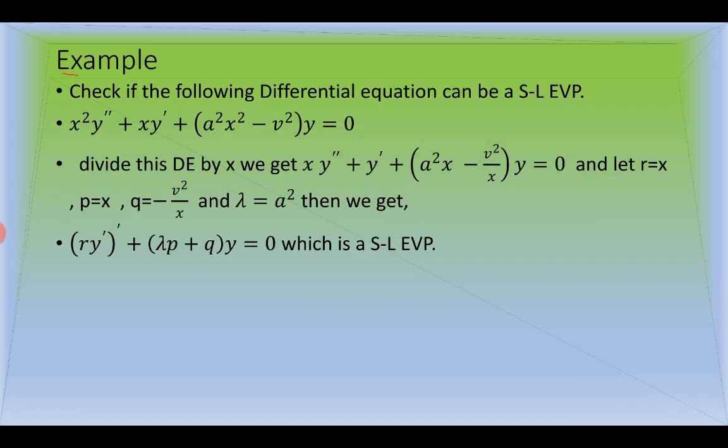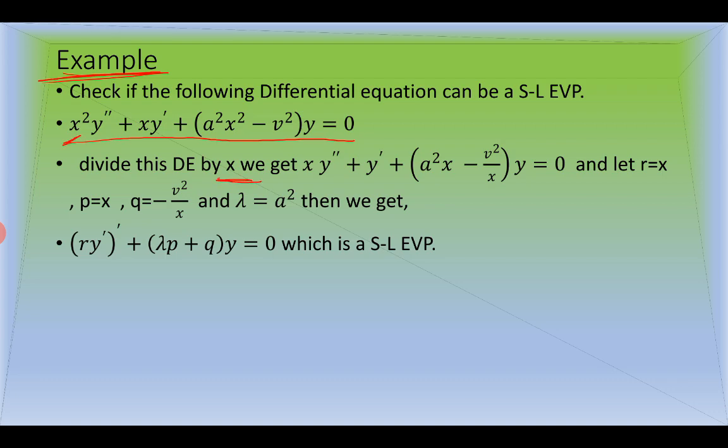Now an example of how to identify whether a given differential equation can be expressed in Sturm Liouville form. This is Bessel's differential equation, isn't it? A differential equation in Bessel's form. Divide this equation by x.